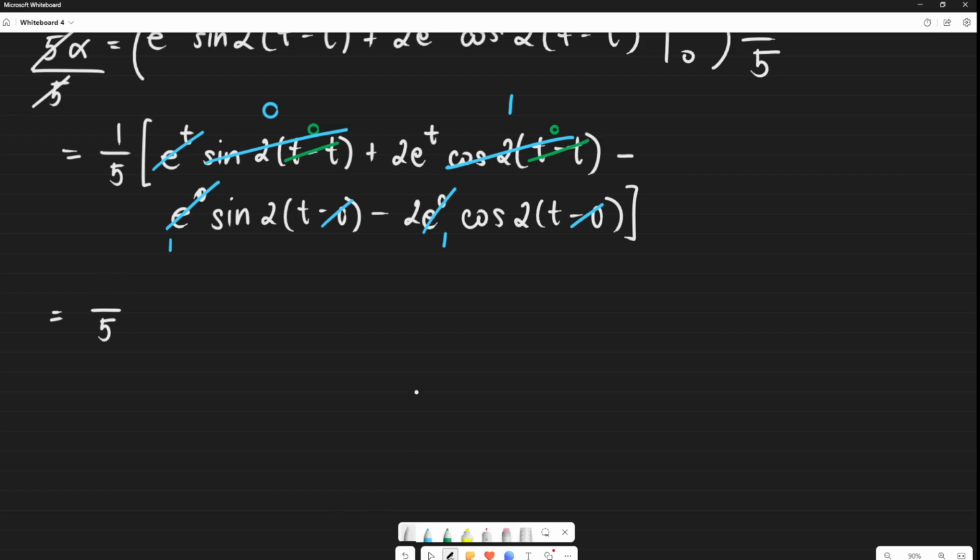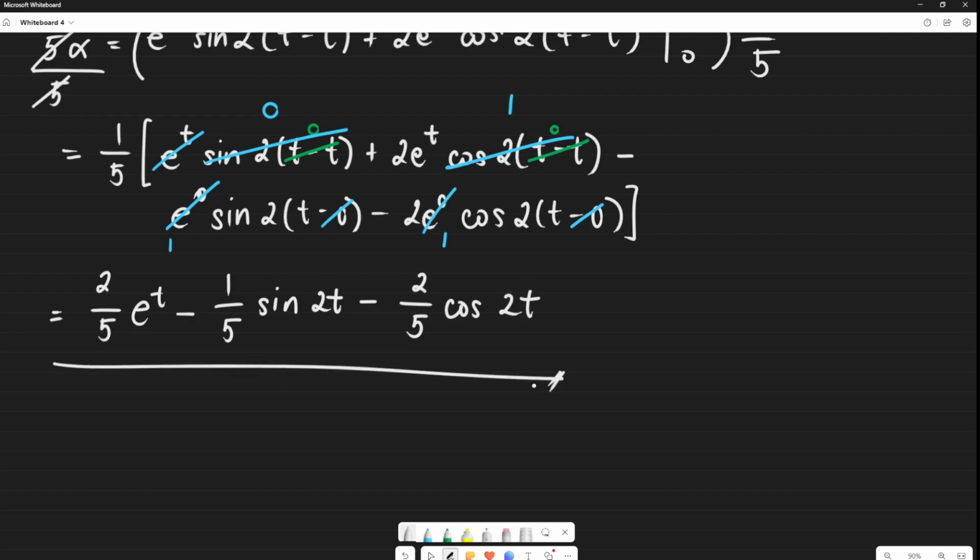Why 2 over 5? Because of this 2. So 2 over 5 e raised to t minus, and we have no constant here. So this is still 1 over 5 sine 2t minus 2 over 5 cosine 2t. And that is the answer.